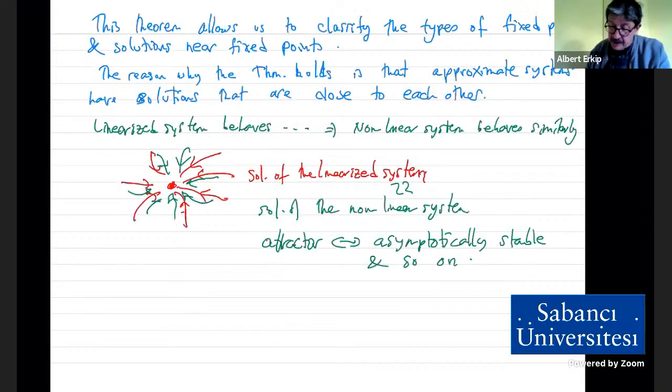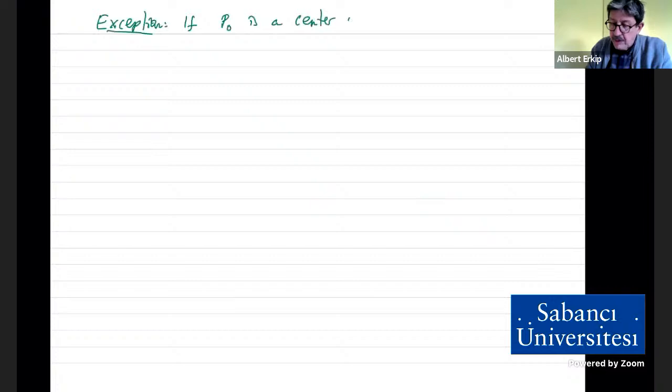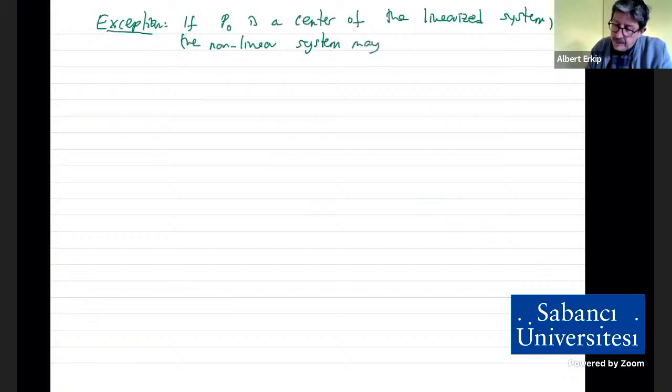But there is one exception to this, and let me just do that to conclude. Exception: if P0 is a center of the linearized system, the nonlinear system may behave differently.